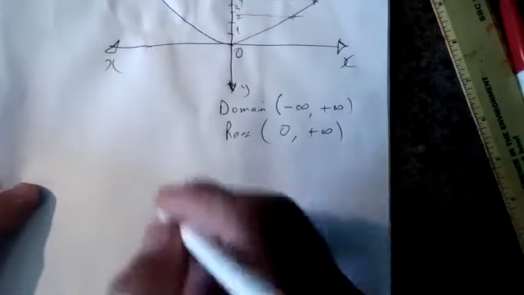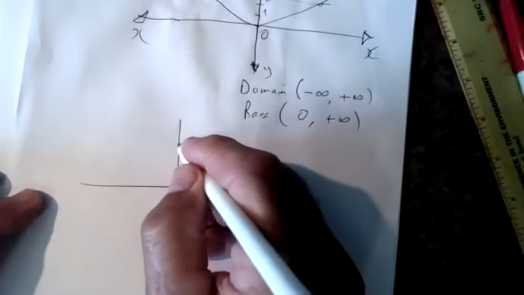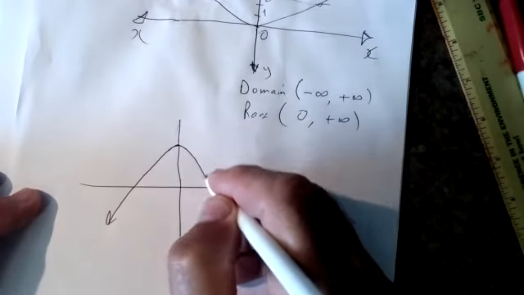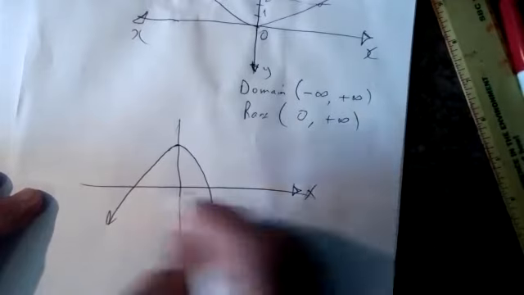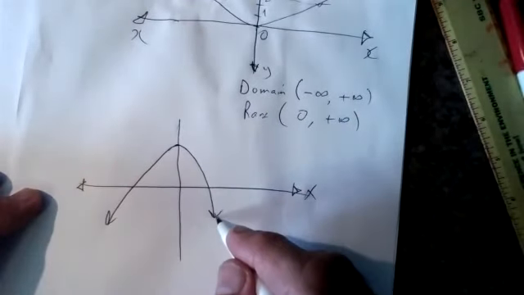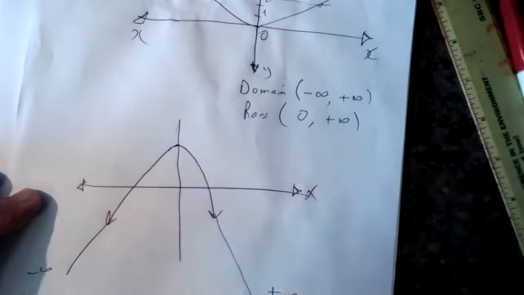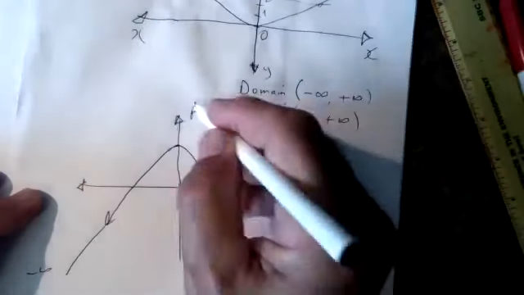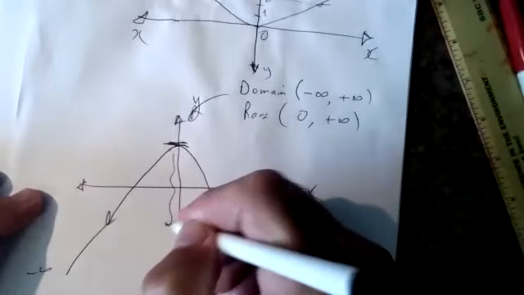Or if you have a graph, let's say it's like that, again, x or domain goes all the way to positive infinity, and this goes to negative infinity. But the range, which is the y value, is from here down.